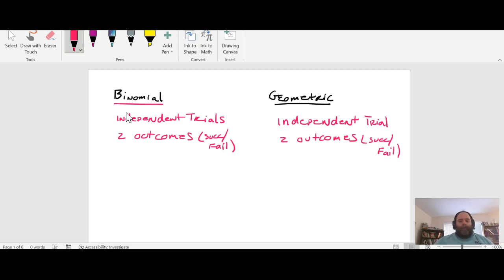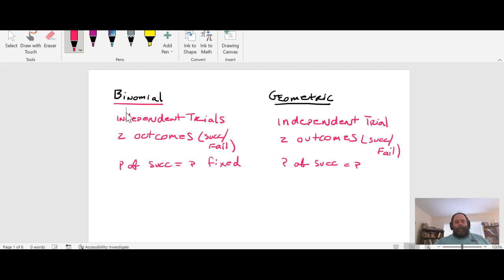Okay, so under the binomial situation and the geometric situation, the probability of success, which is what we call p, is fixed. So on each trial, the probability of success is the same. We're not going to deviate from that.